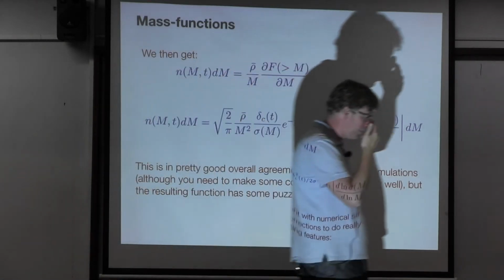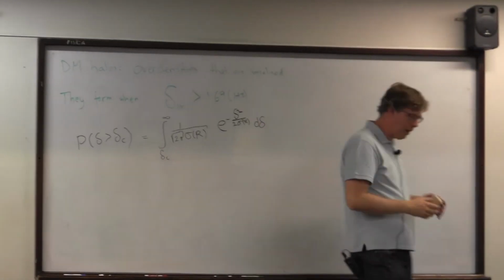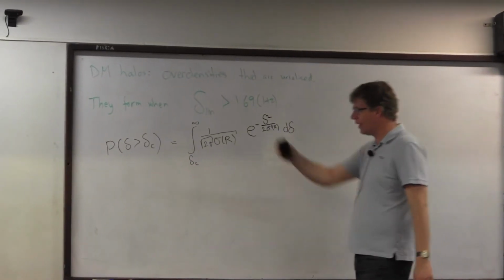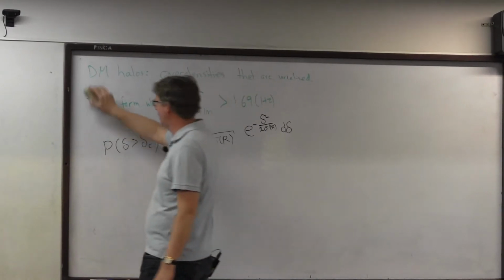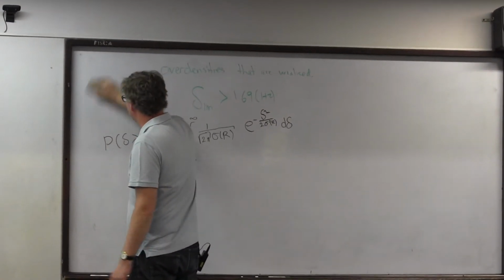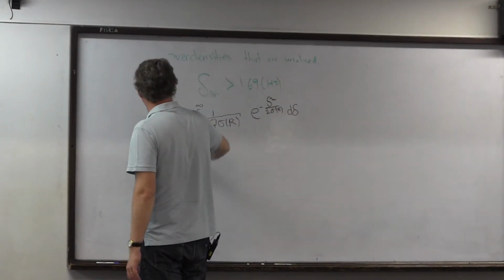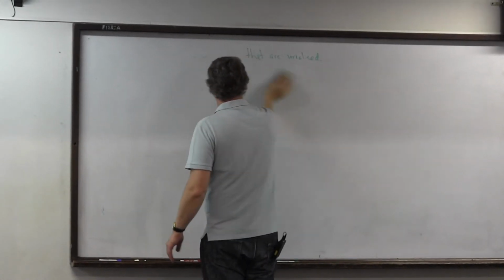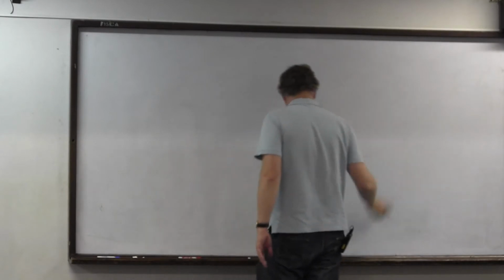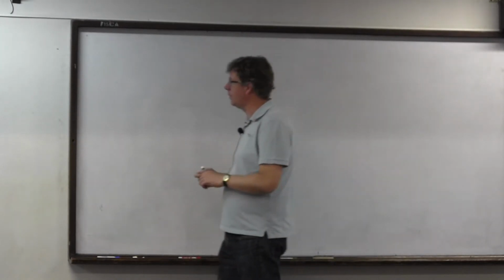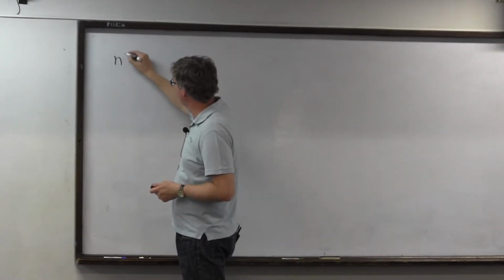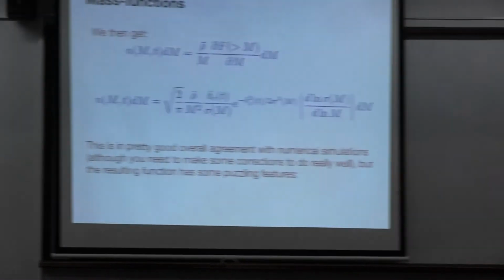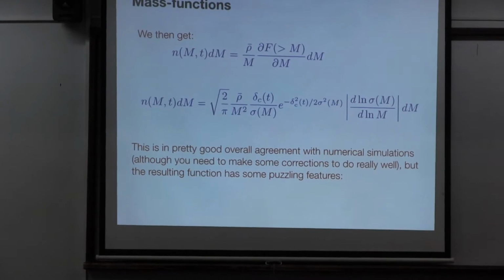Okay, so now how do we get a mass function from this? Well, you get it like that, but that probably doesn't mean anything. What I want is the number of dark matter halos in a small mass range at a given time.